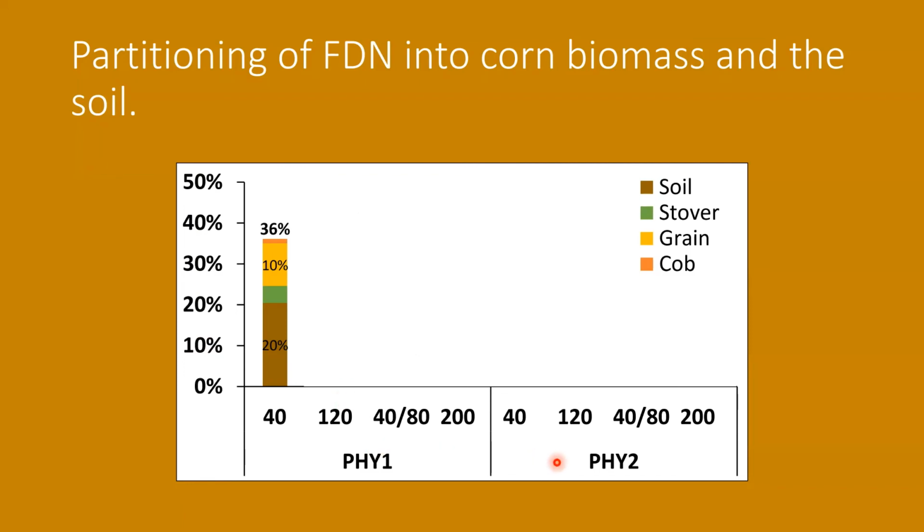And then we're going to see a series of stacked bar charts. And so the brown represents the amount of fertilizer-derived nitrogen found in the soil. The green represents the stover. The orangey gold color is the grain, and then the dark orange is the cob.